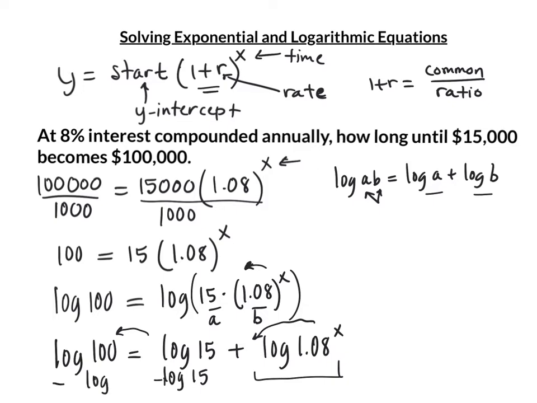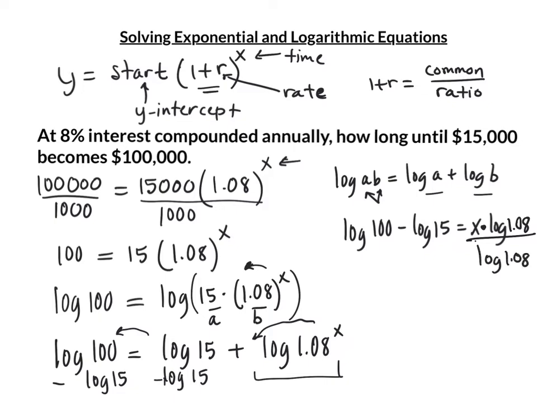And we get the log of 100 minus the log of 15 equals, I'm bringing that x down, x times the log of 1.08. Because I have times right here, all I need to do then is divide both sides by the log of 1.08.